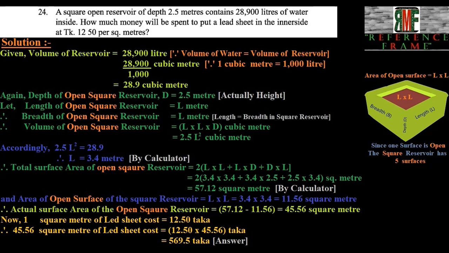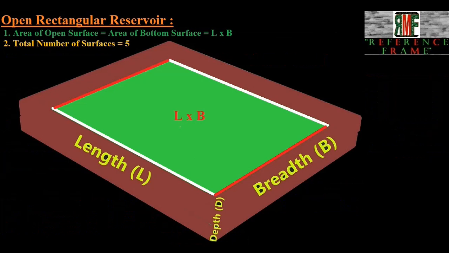Next, we're going to solve the problem related to an open rectangular reservoir. Like the previous one, it has 5 actual surfaces, basically 6, but 1 is open, so that will be eliminated.